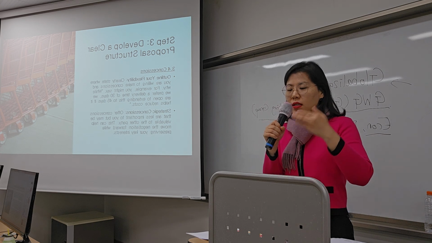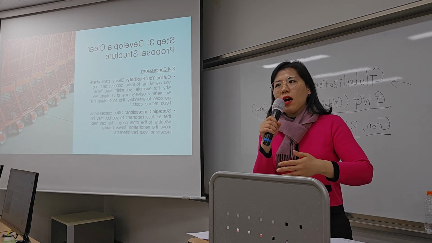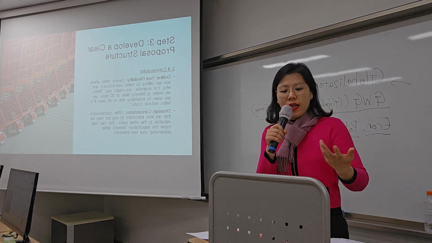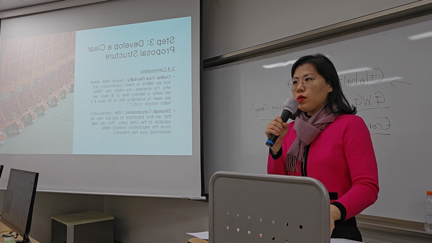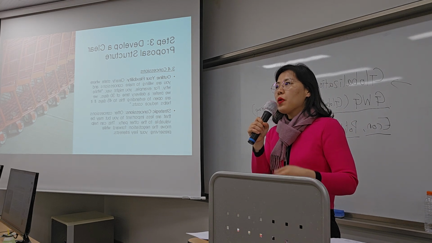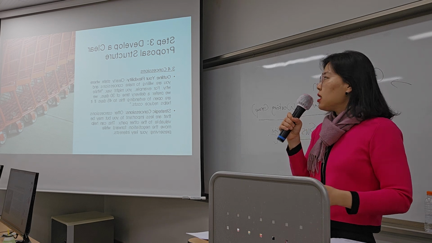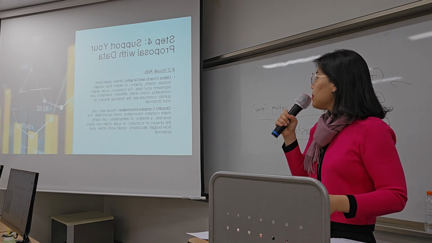So having the concessions ready will help you end the deal fast, and by incorporating the interests of the others, it's going to enhance the overall quality of the negotiation.